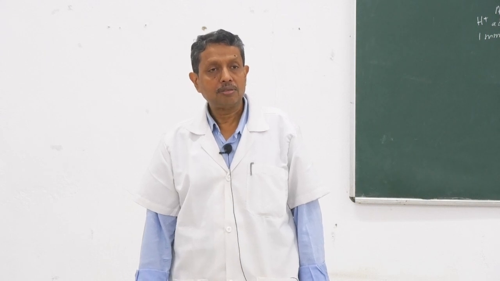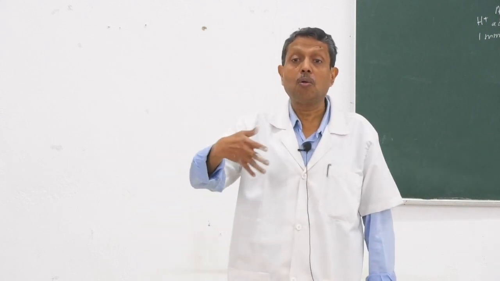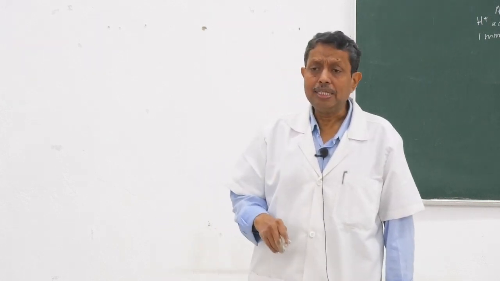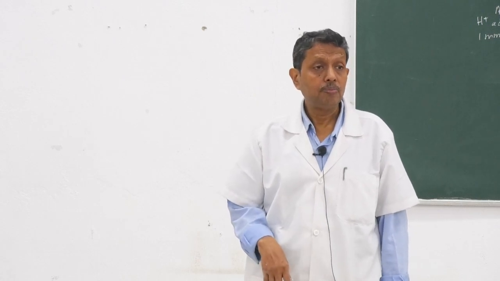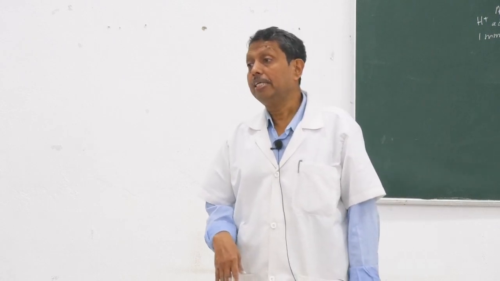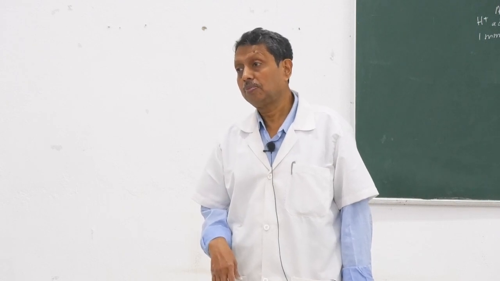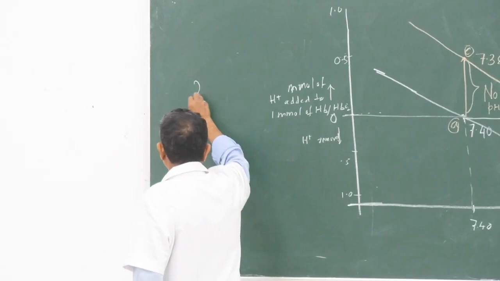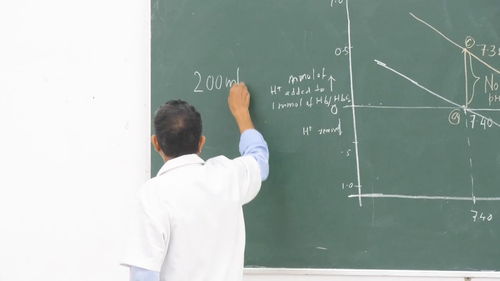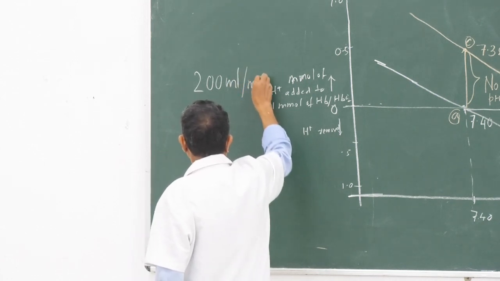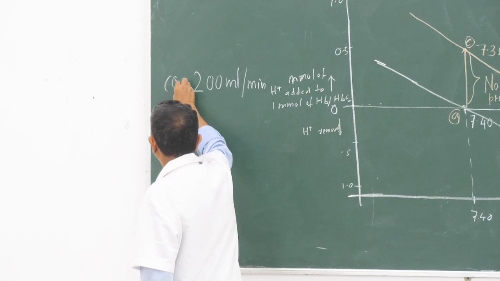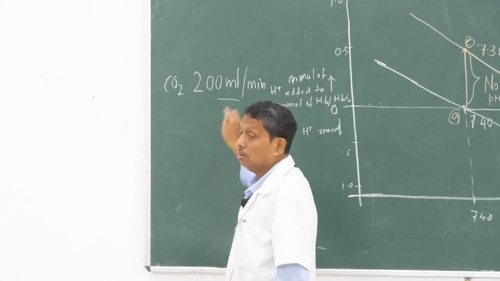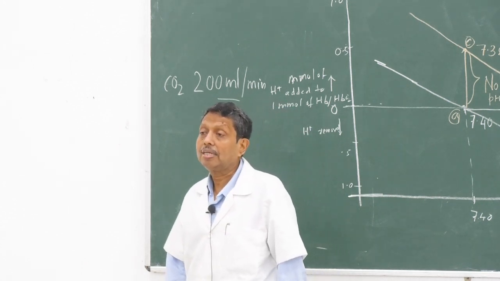Hemoglobin. In these bodies, acids are always being produced. Carbon dioxide is produced by oxidative metabolism in health. In a resting adult, 200 ml per minute of carbon dioxide is produced, VCO2.